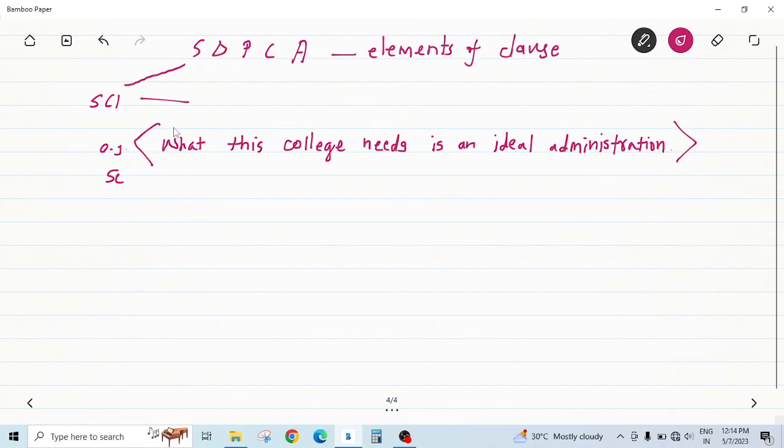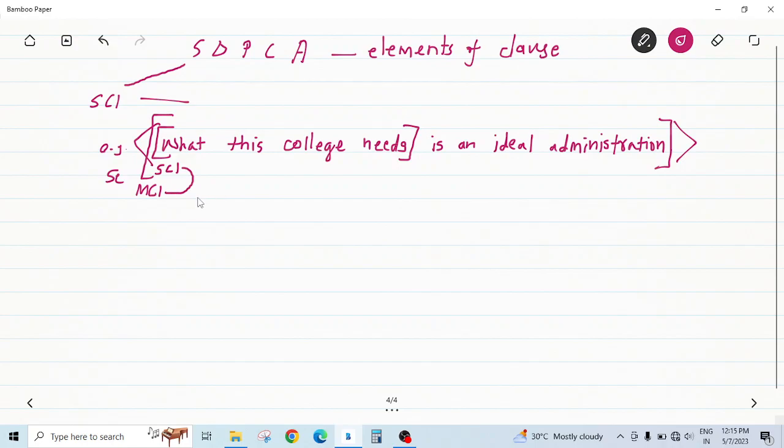Now this, what this college needs, is SCL here, and this total is MCL. Now what role does this SCL play in this MCL?